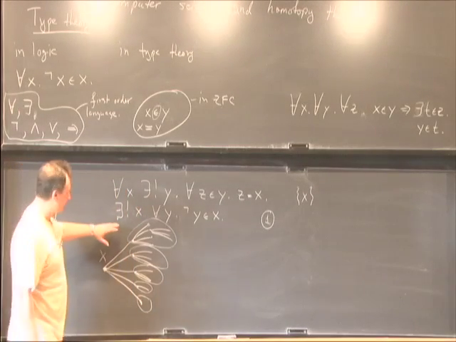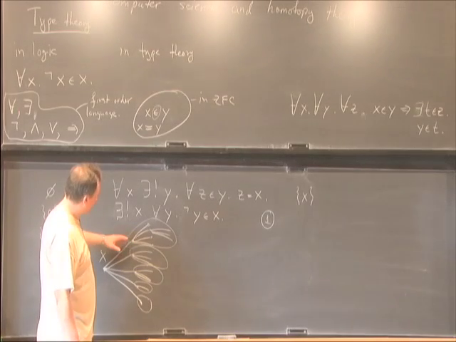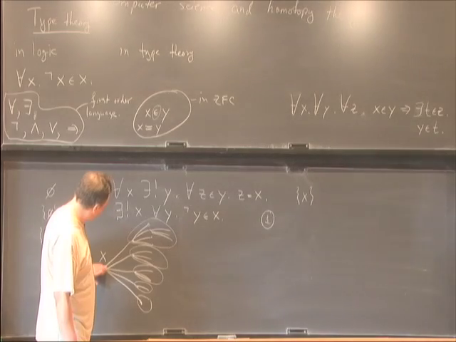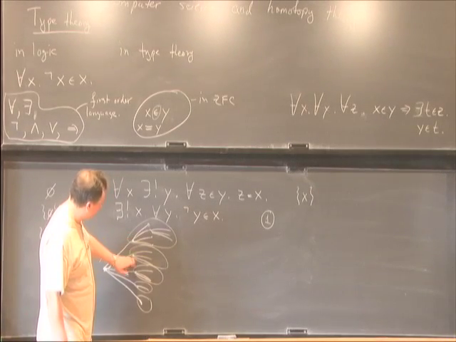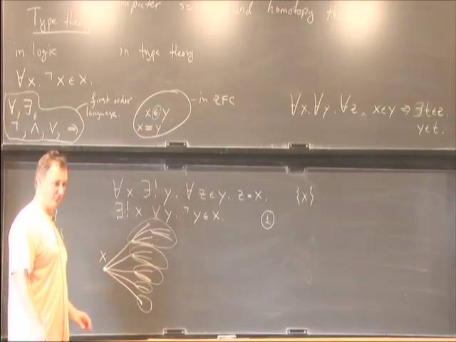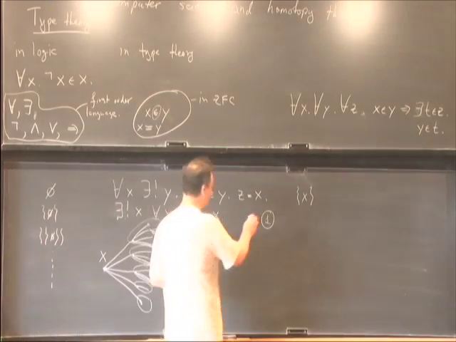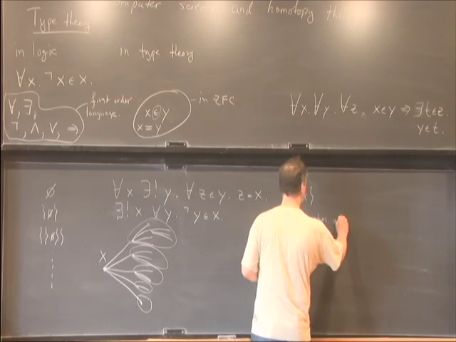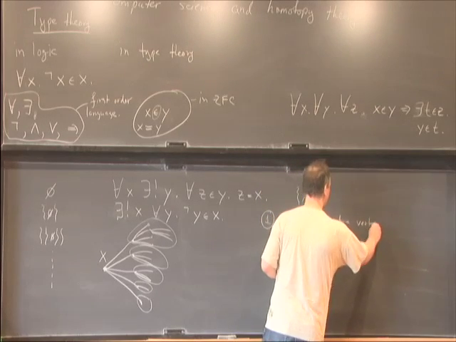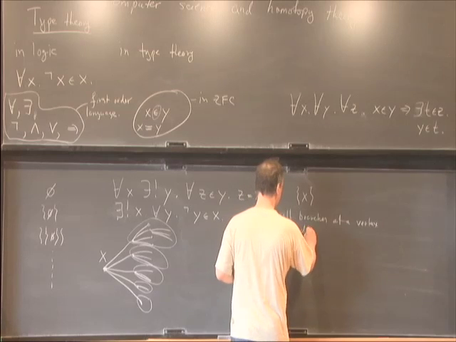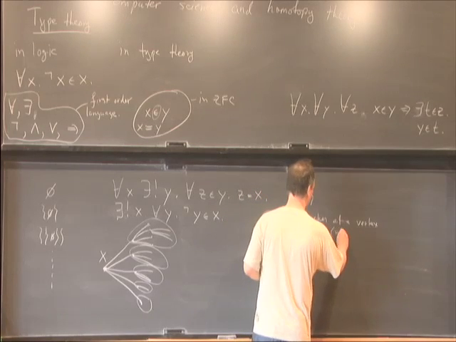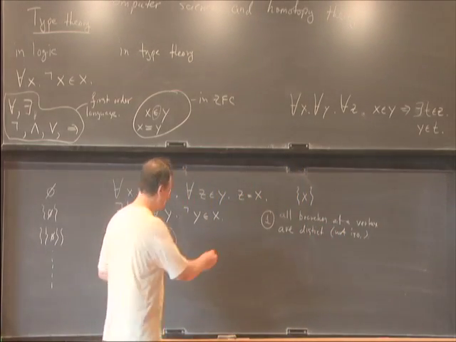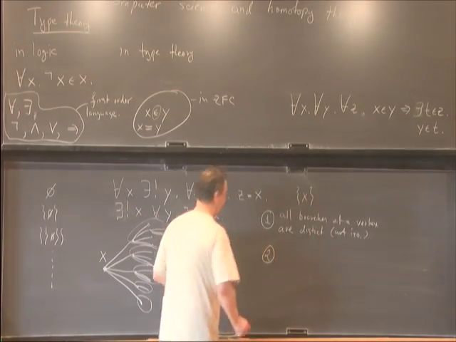So each tree is a rooted tree, and it has the property that all the branches at the vertex are distinct, non-isomorphic.